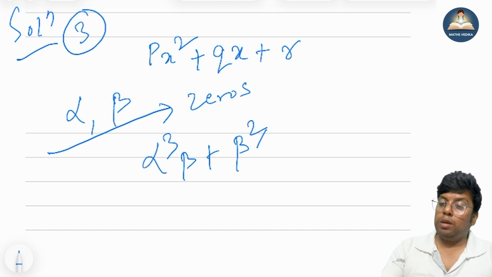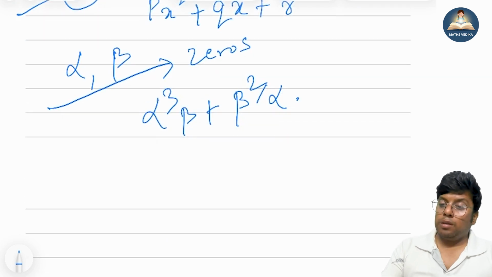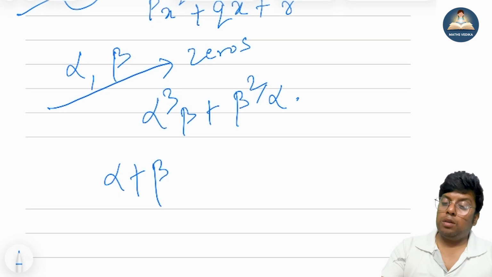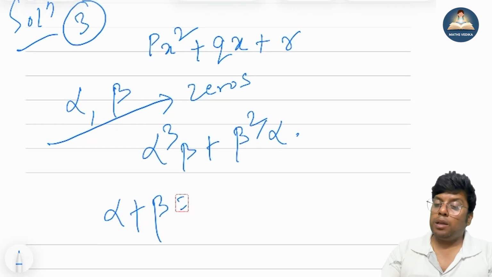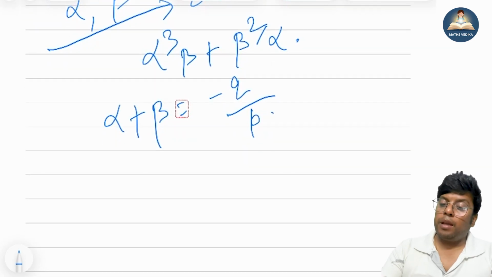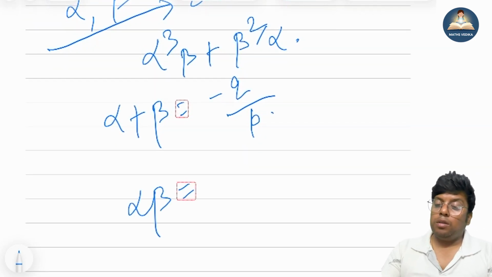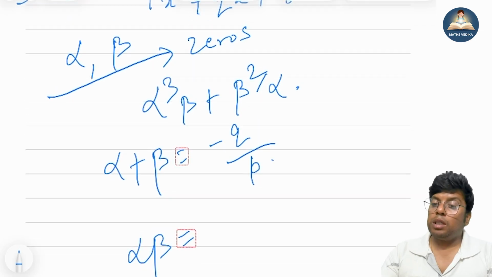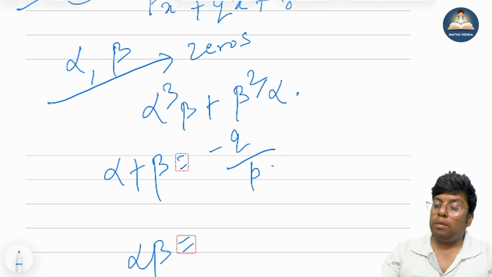So we know that sum of zeros will be equal to minus b by a, so here minus q by p. And product of zeros is equal to c by a, so here we'll have r by p.